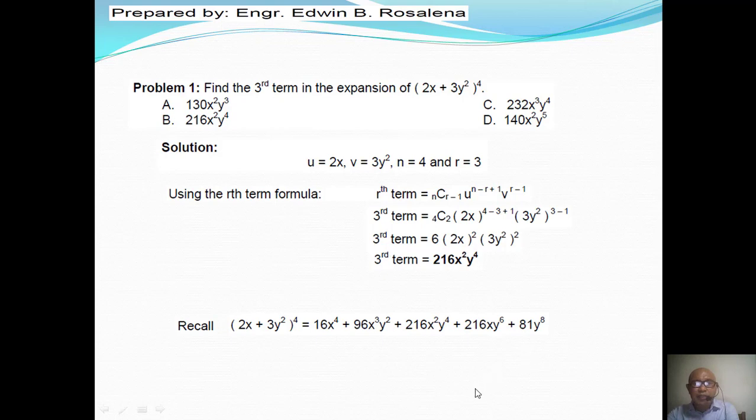Saan ba yung third term natin dito? 1, 2, 3. Tingnan niyo. Tama, no? So meaning, even if we will not expand and expose all the terms of the binomial expansion, using the formula for the r term, we can get the required term. So, okay na. Marunong na kayong mag-apply sa formula, ha? Okay. Sige. Next problem.